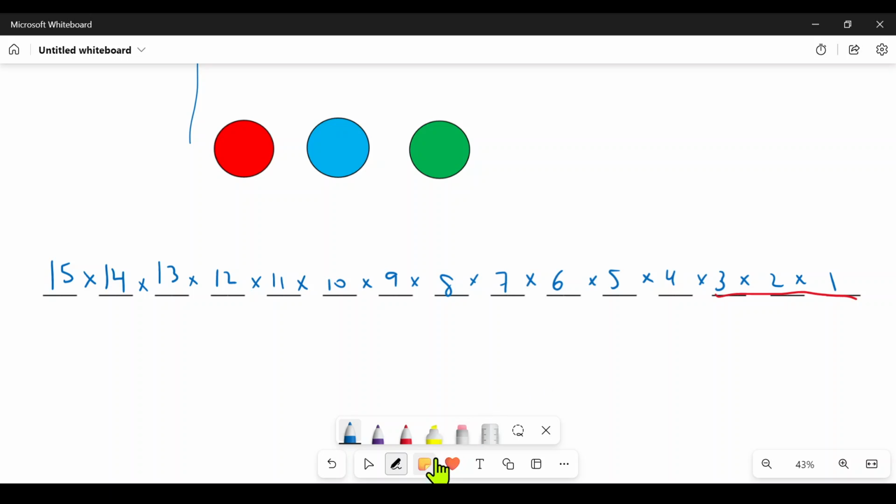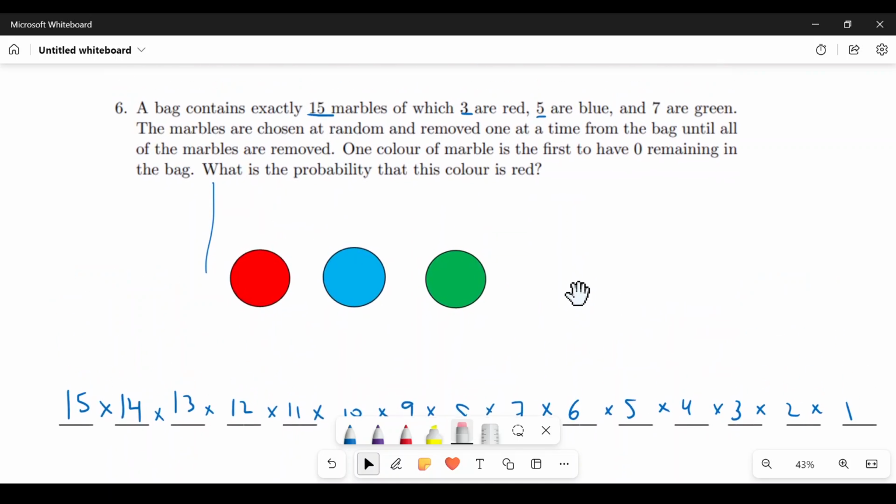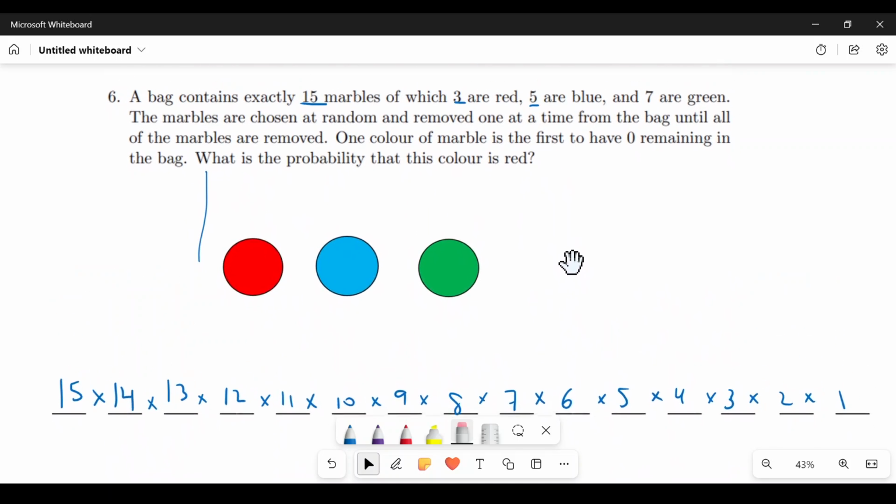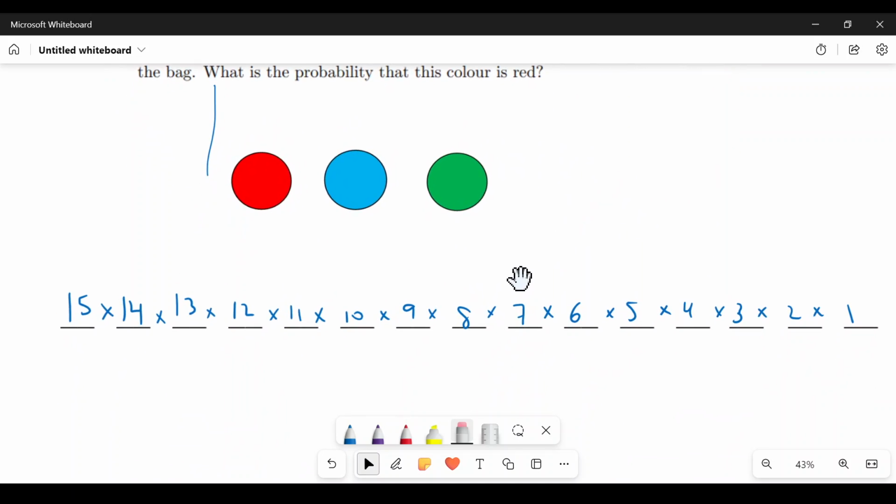So if I had 15 different colored marbles, then I could do this. But because I have 3 red, 5 blue, and 7 green, there are some times when, for example, I pull out red, green, blue, whatever, and then there's another time in that 1.3 trillion when I pulled out this red first and this red second, but nothing else changed.